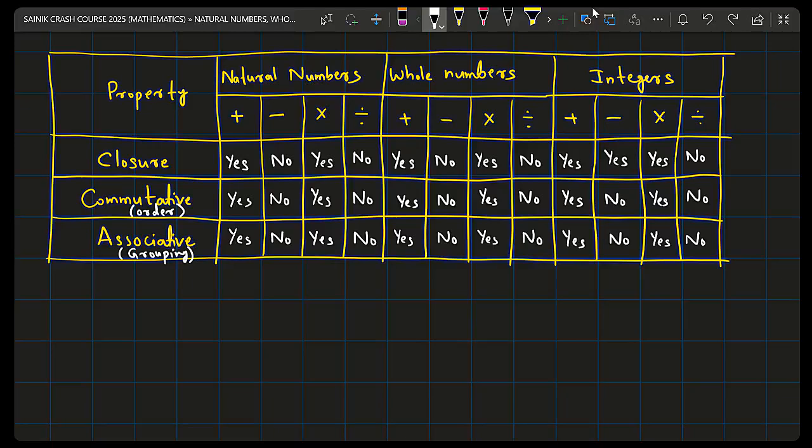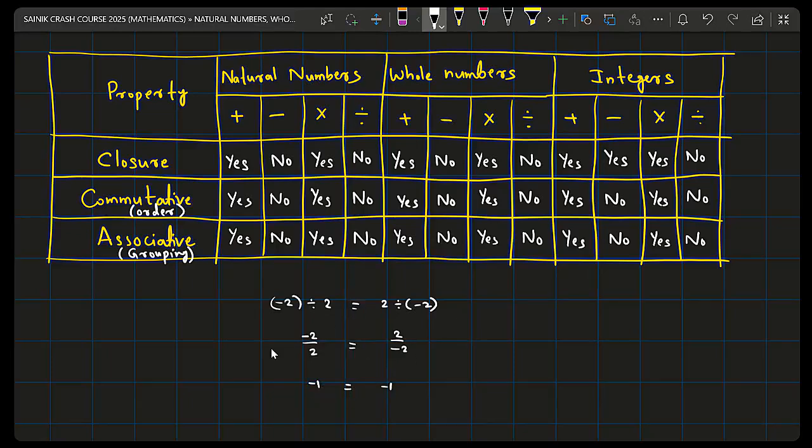Can you tell me two integers, Mayuk? So minus 2 and 2. Minus 2 and 2. First I divide like this, then I change the order and divide like this, and let us check whether we get the same answer or not. Okay, so we're getting minus 2 by 2, 2 by minus 2. This is minus 1, this is minus 1, this is true.